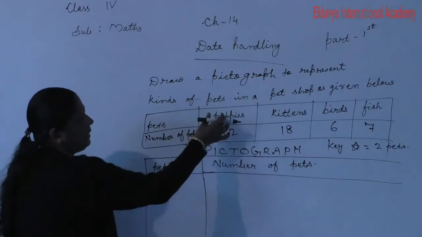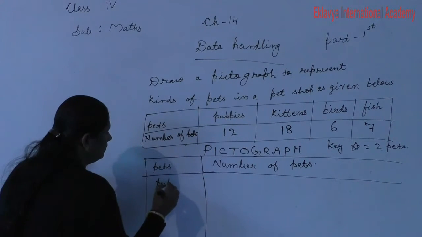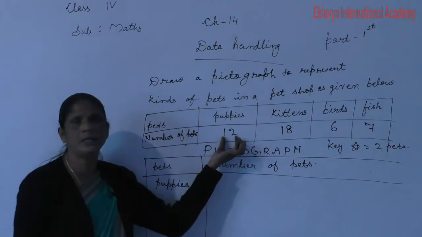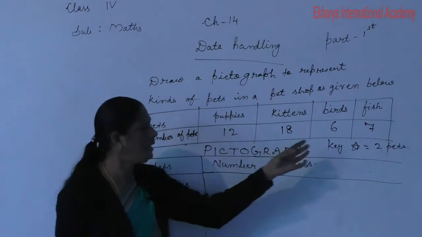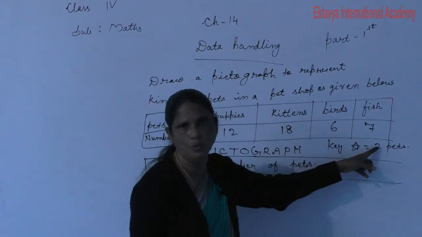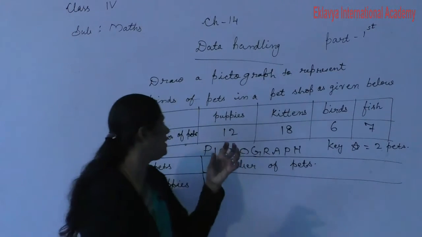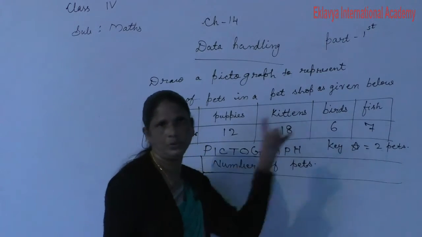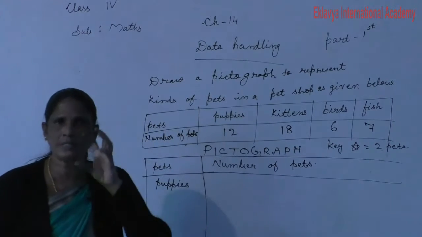First pet is puppies. How many puppies here? 12 puppies. Our key is 2, one picture is equal to two puppies, so 12 divided by 2. We get 6.